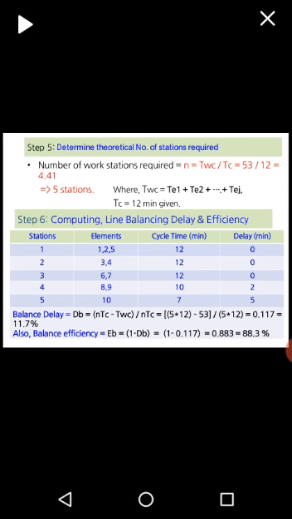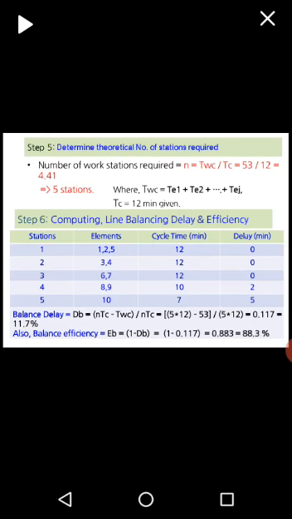We calculated this in the beginning of the problem, where TWC is equal to TE1 plus TE2 plus TE3 and so on up to TEJ. So we have 10 elements, and we calculated all of them. The time factor TC is equal to 12 minutes, which is given in the problem.